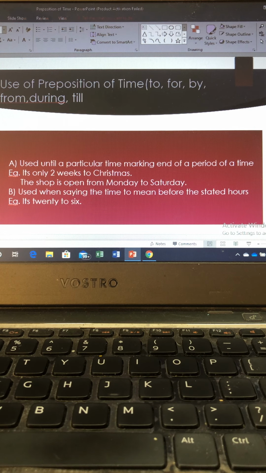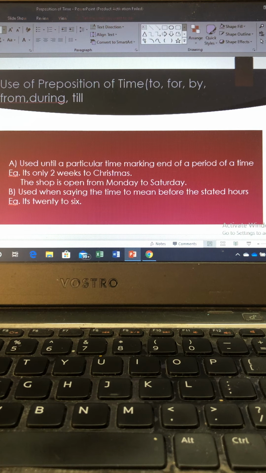Whenever we are using to, it means we are talking about a particular time, that is Monday to Saturday, marking the end of a period of time. We have specified the period of time. This is a duration, this is a period. So that's how we use to, from Monday to Saturday, right?